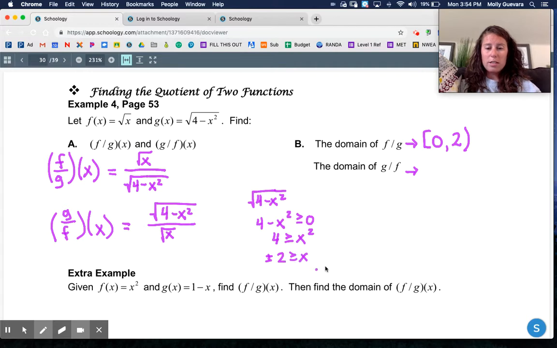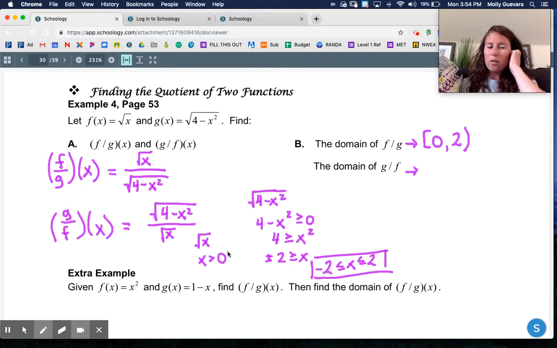So again, it's the same thing. It's negative 2 is less than or equal to x is less than or equal to 2. So there's the domain for the top. The only difference is that I have or equal to's because the top is allowed to be 0. And the next one is square root of x. And the domain here is just x is greater than 0 because I cannot have 0.